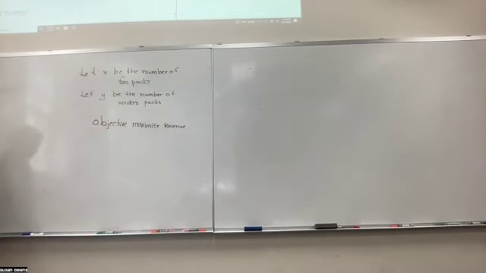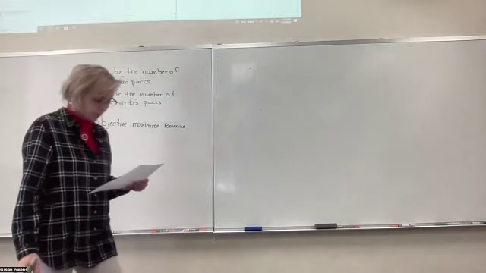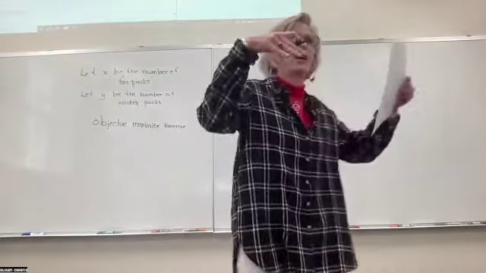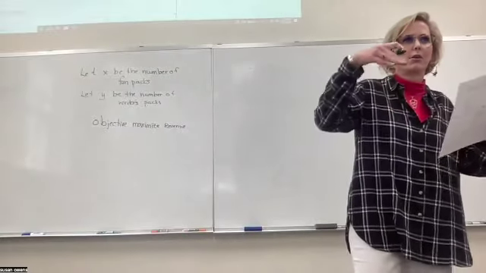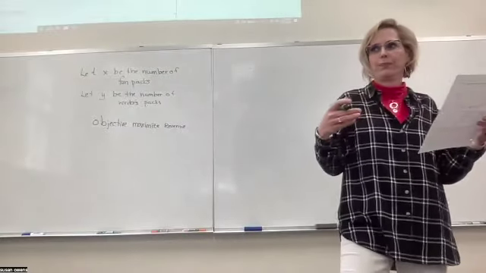Give the formula of the objective function in terms of two variables. So where do we see revenue, or the amount that we're putting in the cash register? Where do we see that in the problem?